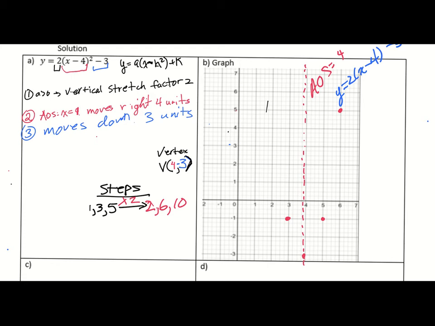So if I have a 1 here, I can map it over here. If I have a point here to the right side of this thing, I can go 2 spots over and mirror it. And now all we have to do is take a moment and graph. And once we've connected all the dots, that's what we get for our graph. Okay?